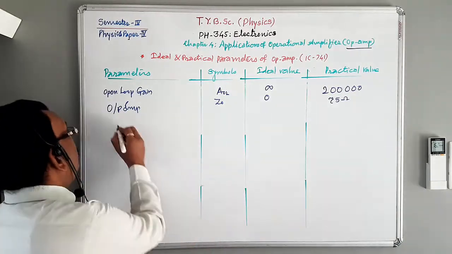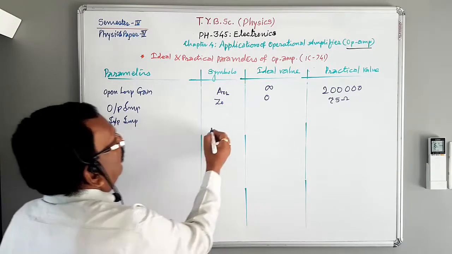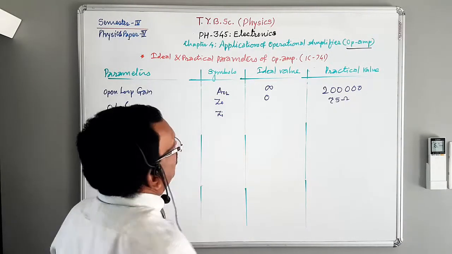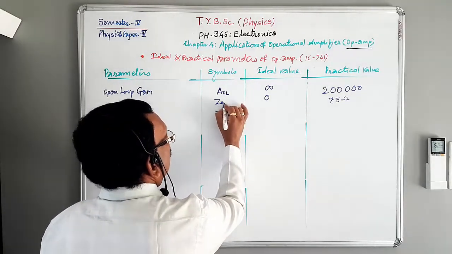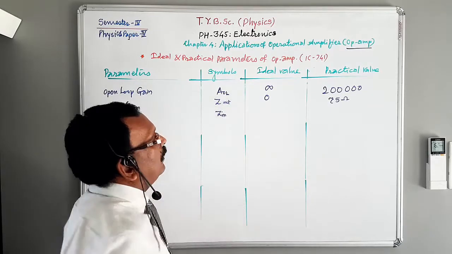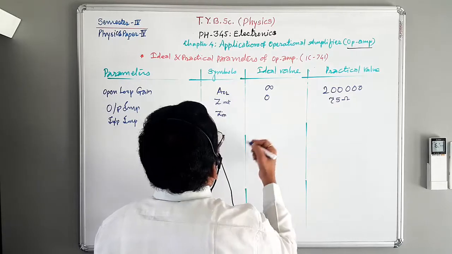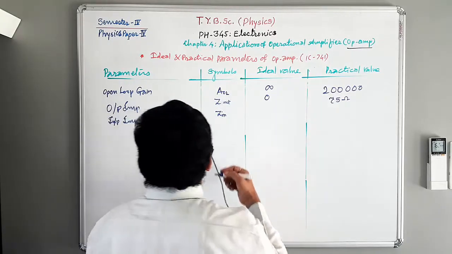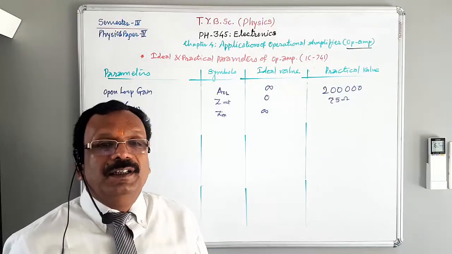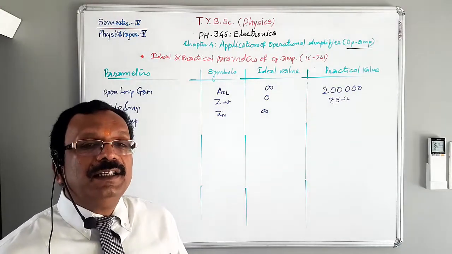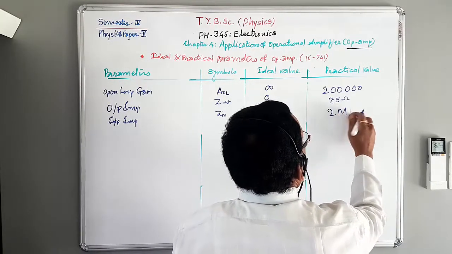Then input impedance, symbol is ZI or ZIN. The input impedance of an ideal OpAmp is infinite, but practically it is nearly 2 mega ohm.